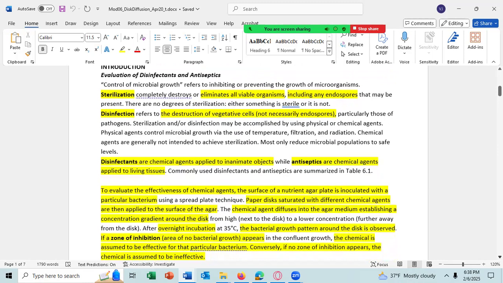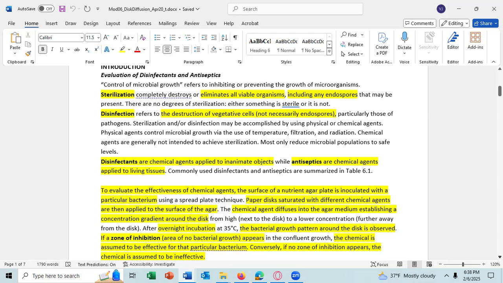Sterilization is the elimination of all viable organisms, including endospores. Disinfection is the destruction of vegetative cells, but not necessarily endospores. So when you clean a toilet, is that sterilization or disinfection? Anyone have a guess?